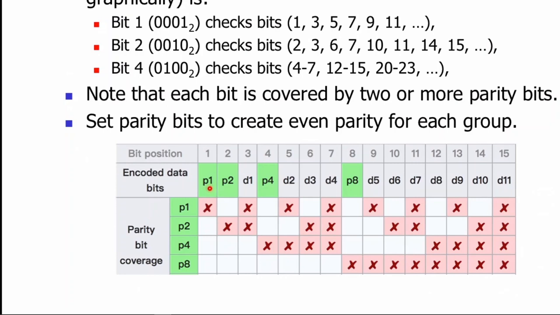Well, for that I would need to check bits that are in location 1, 3, 5, 7, 9, and so on. So let me highlight those positions in blue. So I've got 1, 3, 5, 7, 9, 11, 13, and 15. Well, what is so nice about those particular bits?